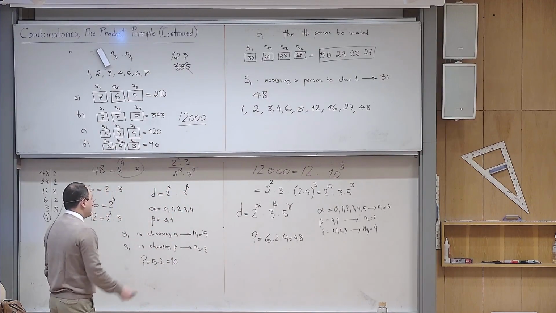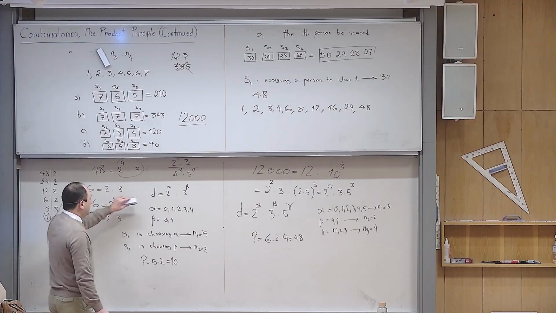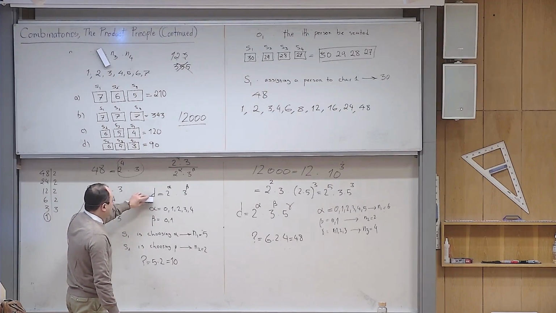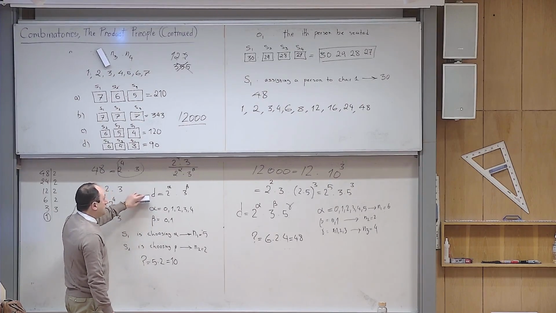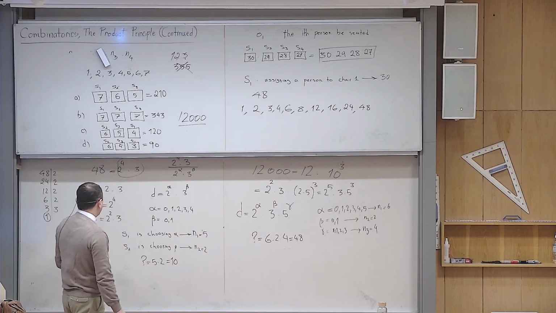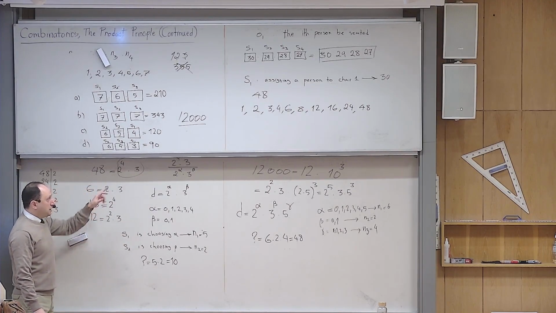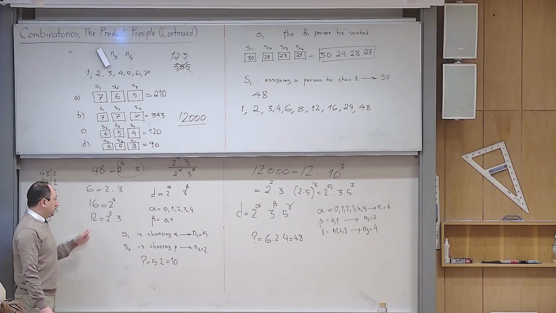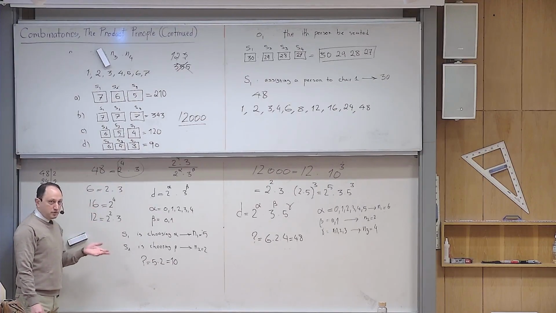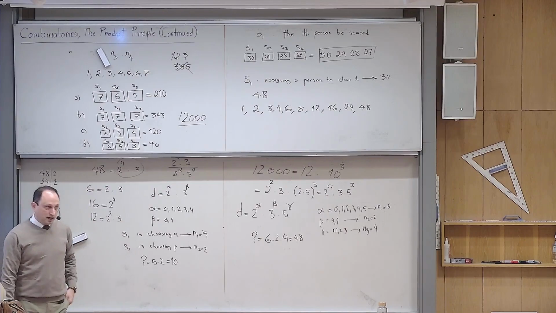How will this affect my problem? Here, I was interested in all the divisors, but now not all of the divisors are divisible by 6. For example, 16 is a divisor of 48, but itself is not divisible by 6. So I have to rule it out.